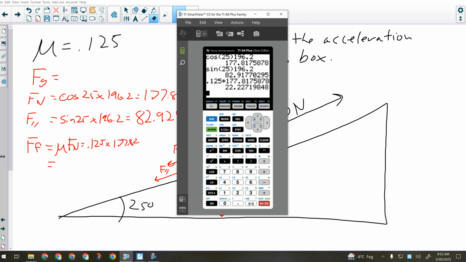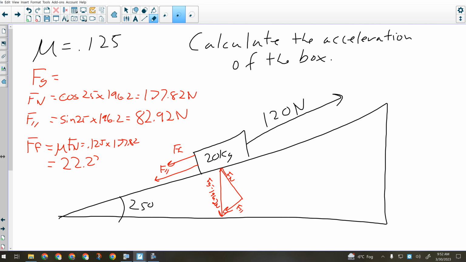So we got 22.23 newtons worth of friction. I know that this force is 22.23, I know that this force is 82.92, and I know the force up the ramp is 120.